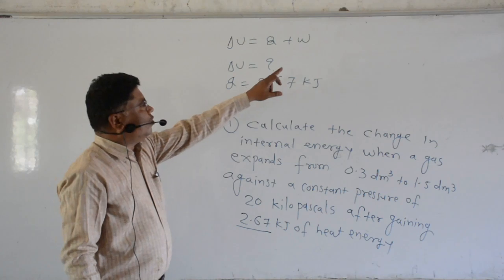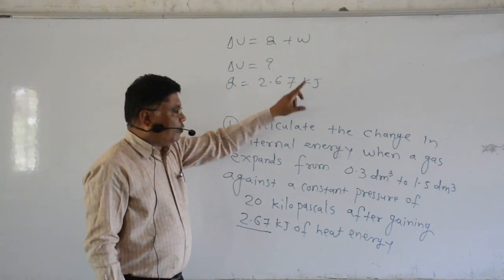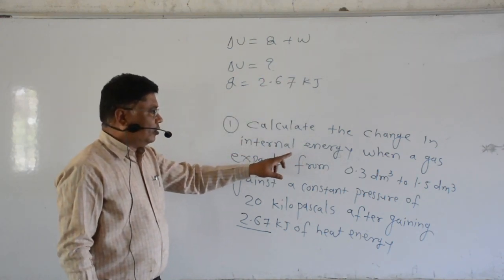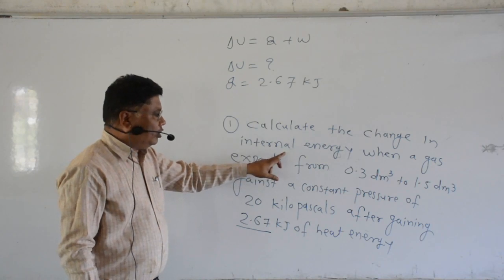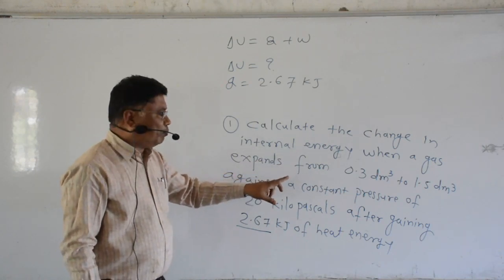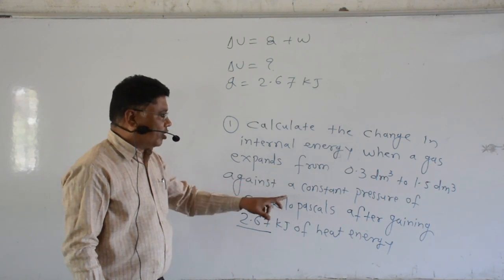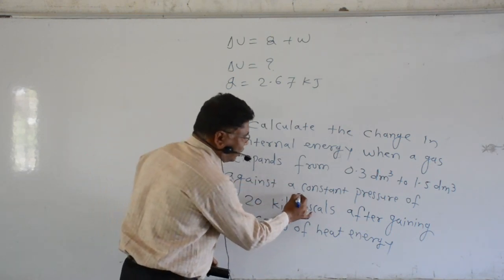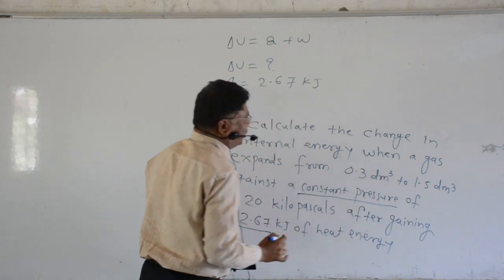Then we want to know the value of W. The value of W is not given. We want to calculate it by using the equation for pressure volume type of work, because it is against a constant pressure.